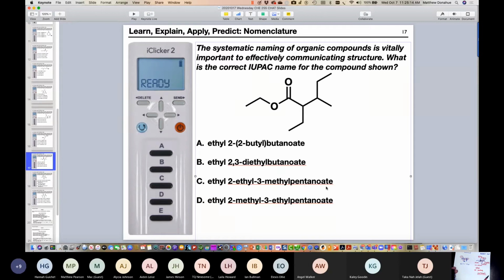We changed the E to OATE, so pentanoate. Then we have 2 ethyl, 3 methyl. So whenever you see a substituent followed by a space and then this ending, that's telling you it's an ester. Questions on the ester nomenclature?